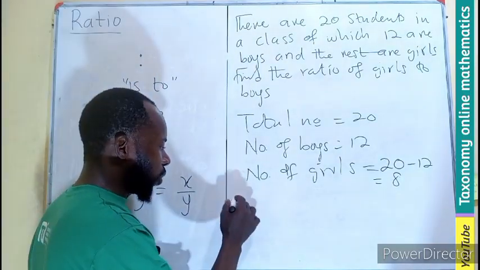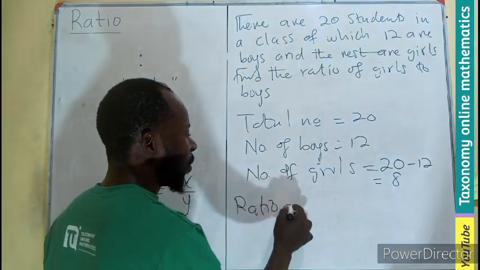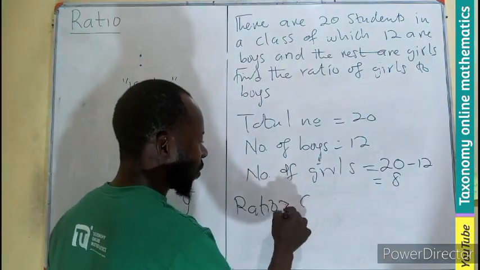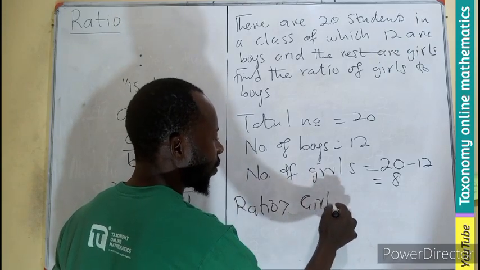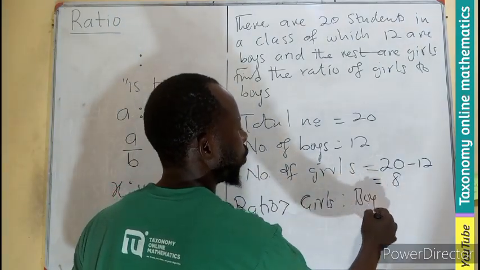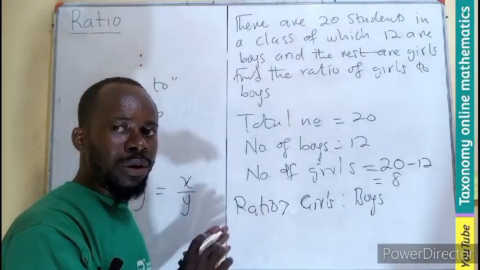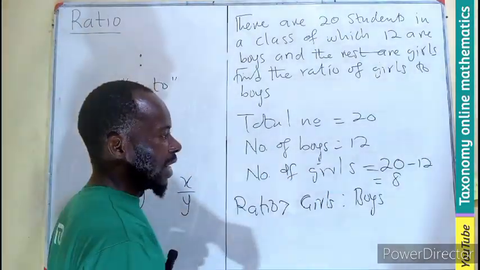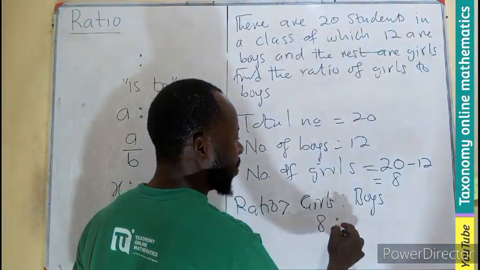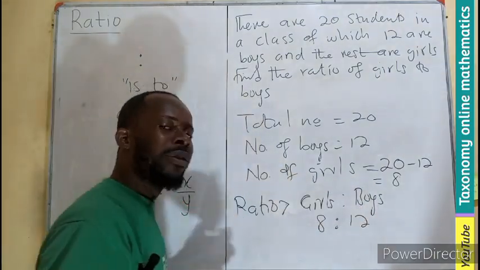Now our ratio that we are looking for is girls is to boys, meaning we are comparing girls to the boys. How many girls do we have? There are 8 of them, and the boys is 12.